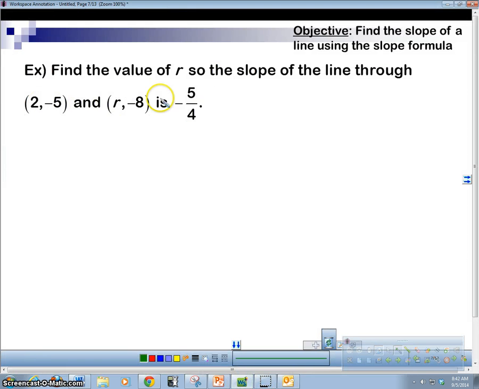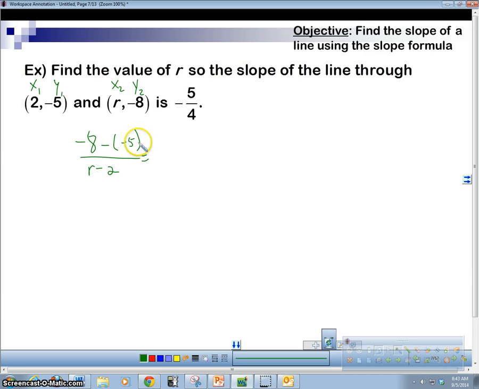Alright, here's the last one here. Last problem example. Find the value of r, so the slope to the line between these 2 points is negative 5/4. So we know that the slope is equal to negative 5/4. So we're going to put it in the formula. Remember this is y2 and this is x2. And this is y1 and this is x1. So we're going to go negative 8 minus negative 5 over r minus 2.